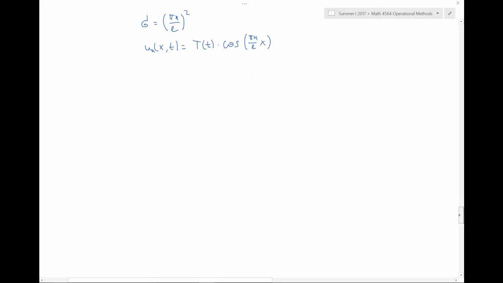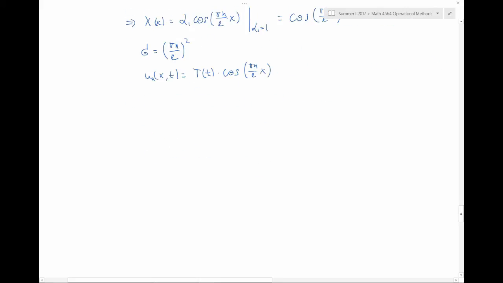Now this is a good time to find out what T(t) should be. The equation for T(t) reads T prime of t plus kappa times sigma, which is (pi n over L) squared, times T(t) should be 0.